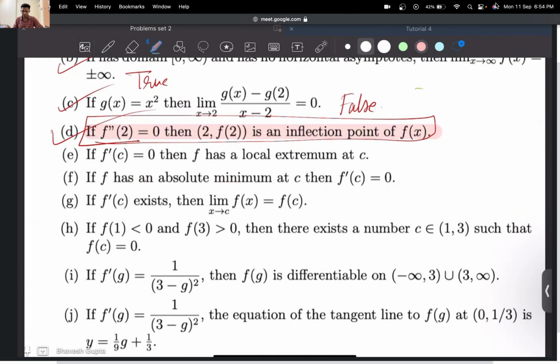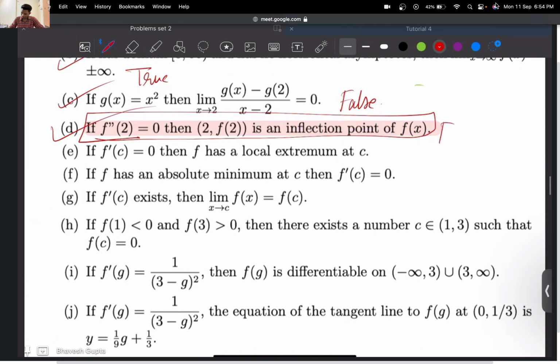Okay, so that's true. So the E part basically tells you that if you have a first derivative at C which turns out to be 0, then f of x, the function, has a local extrema at C. This is true provided C is not a boundary point.